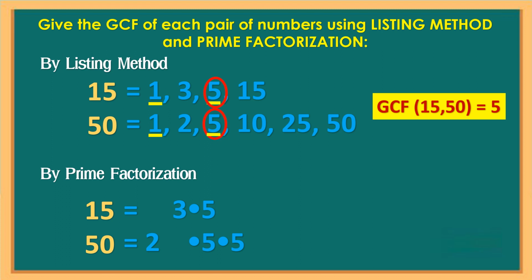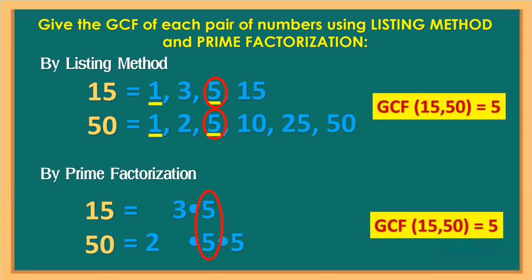The common factor between these two is 5. Therefore, the GCF of 15 and 50 is 5. We can see that we get the same answer using two different methods.